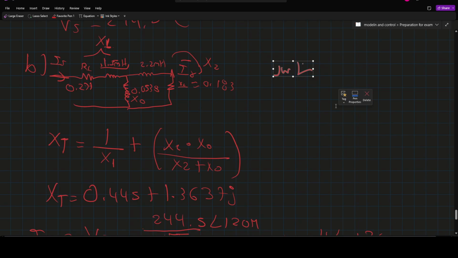So here we have this circuit where we have our IS and IR. So to find IR, we can do a loop.